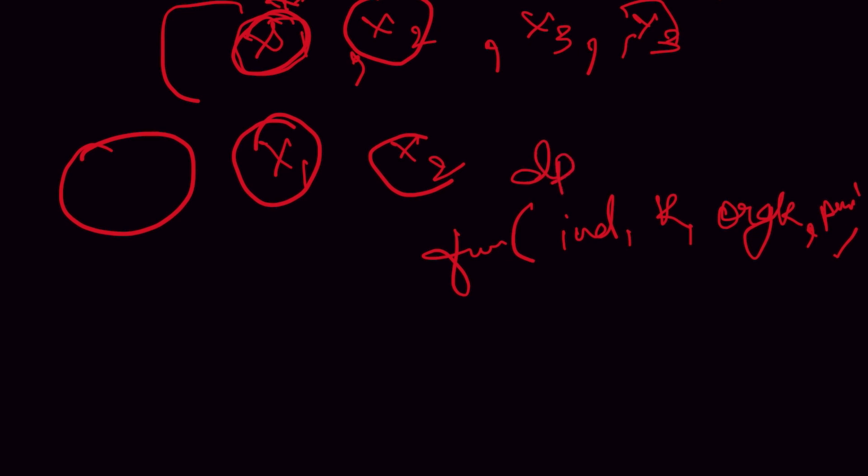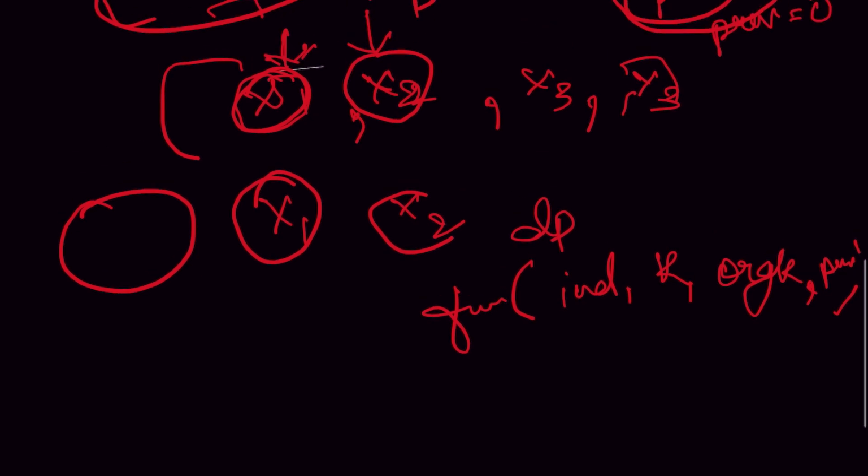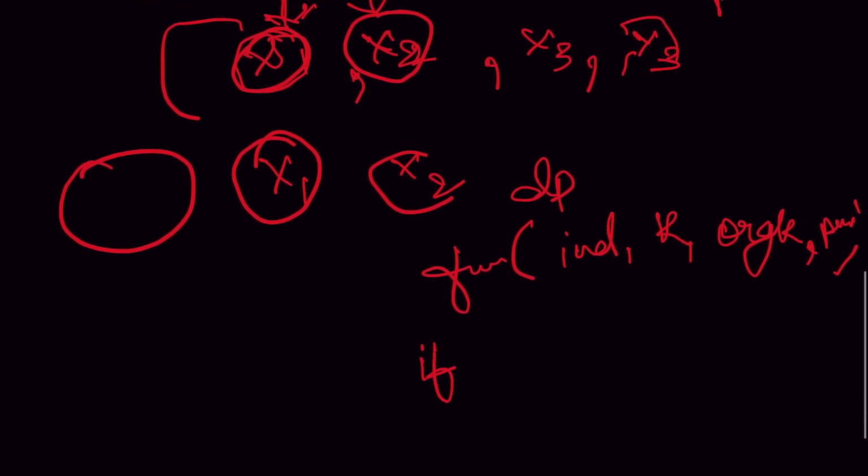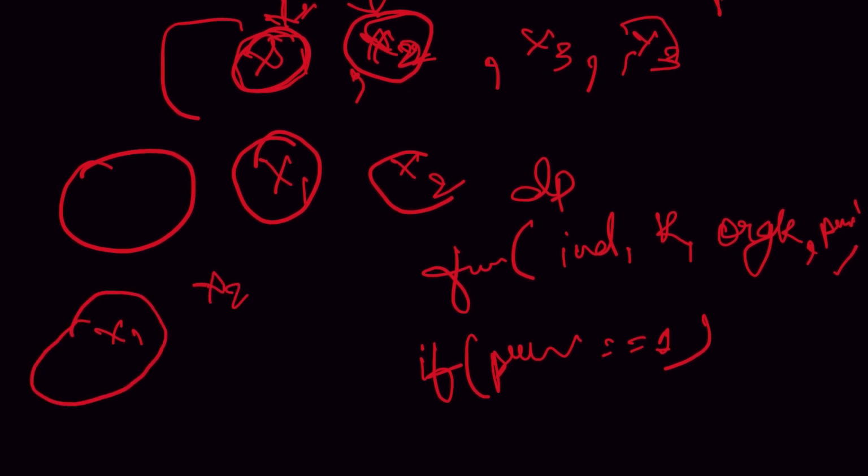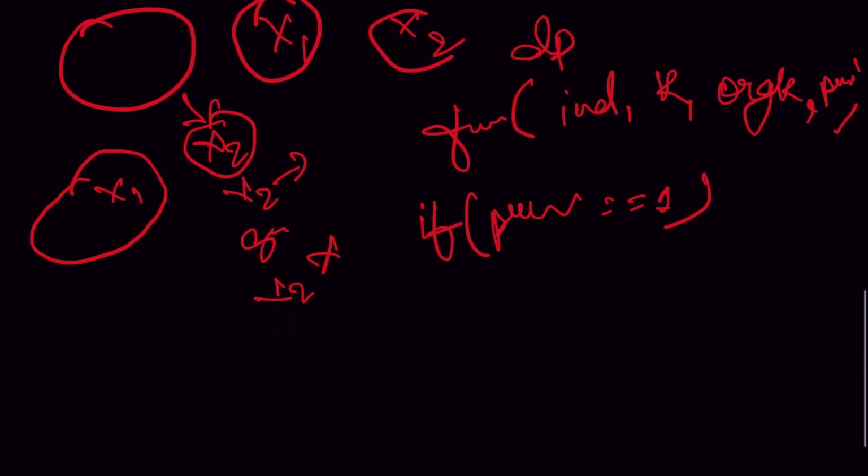For any index, if the previous is 1, it means the previous element got picked, so you can include this element in the previous subarray only. Let's say x1 got picked by some subarray and you are starting at x2. So you have conditions like pick x2 for your new subarray, don't pick x2, or pick x2 but for your previous subarray.